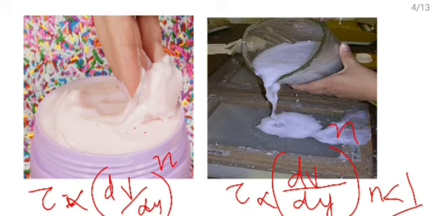Other examples of this include blood, suspension, paints, rubber, etc. See what happens there when we are applying shear stress.